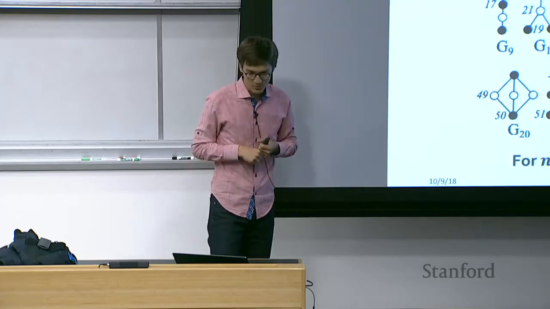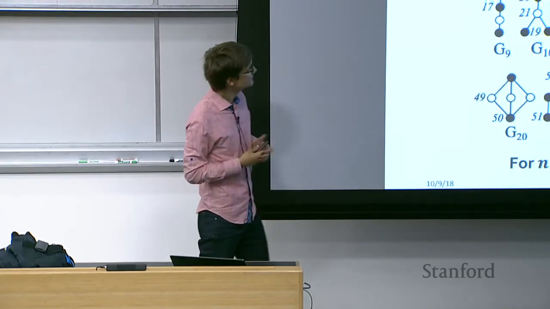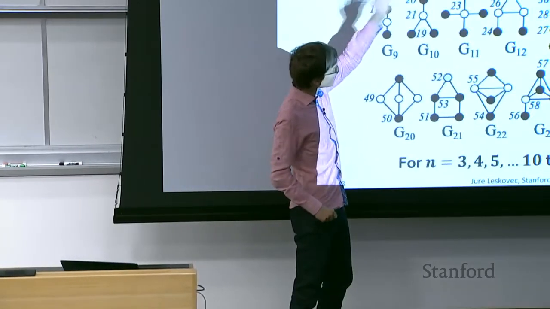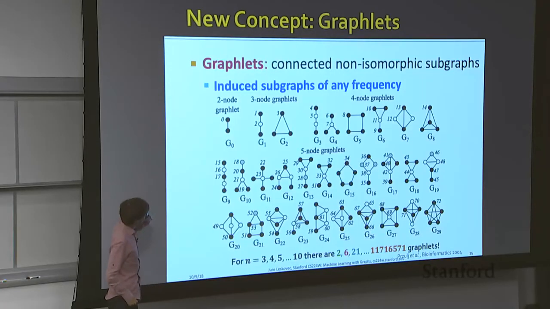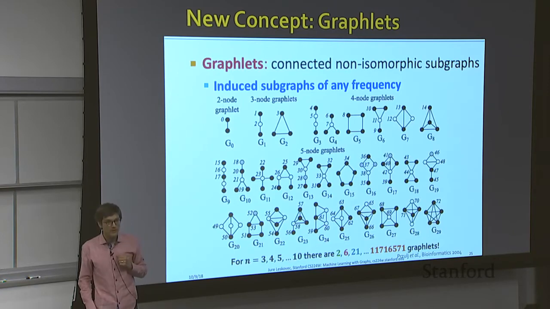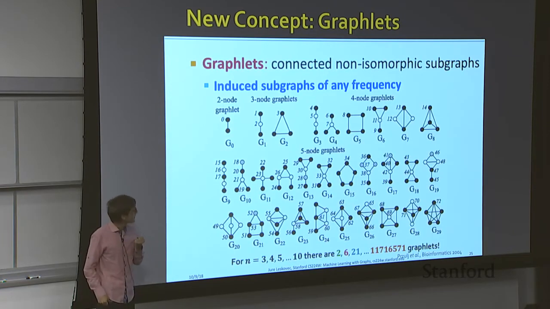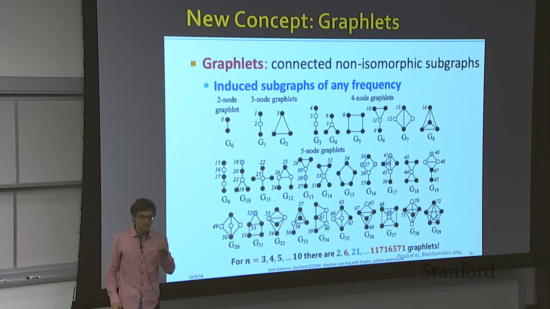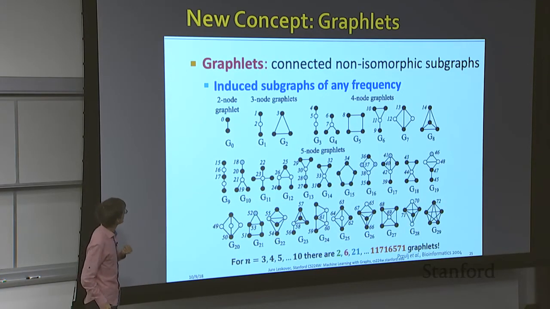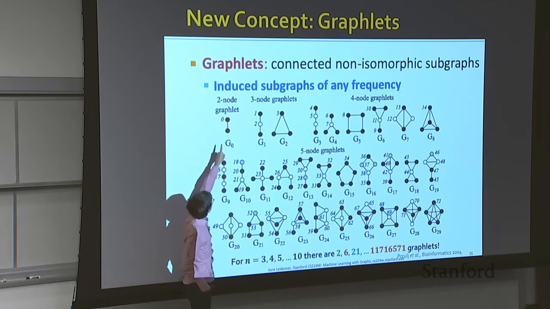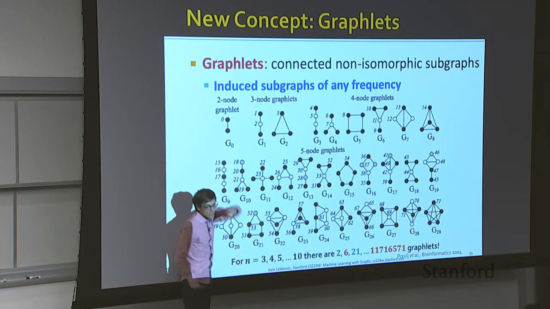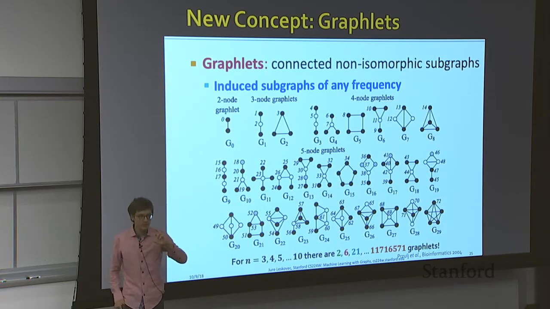Okay? So here is what graphlets are. They are connected, non-isomorphic subgraphs, and they are induced subgraphs of any frequency. And the point is that these subgraphs will be rooted at a given node. So what does this mean? The numbers 0, 1, 2, 3 show the different graphlets.